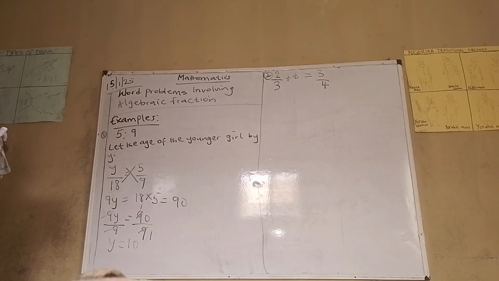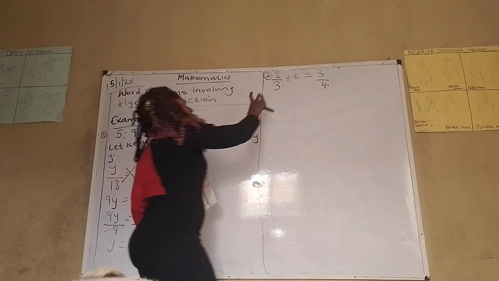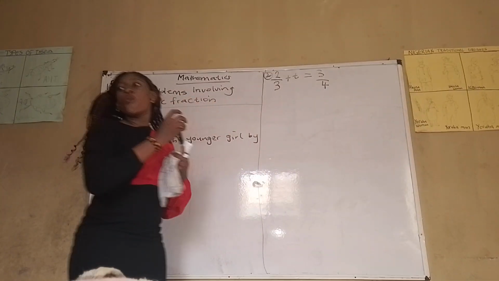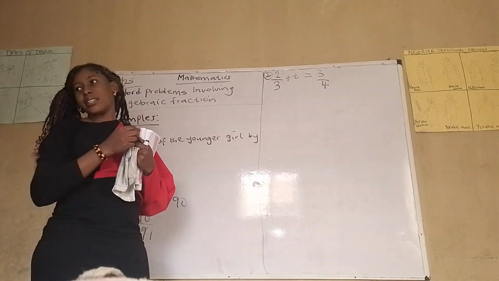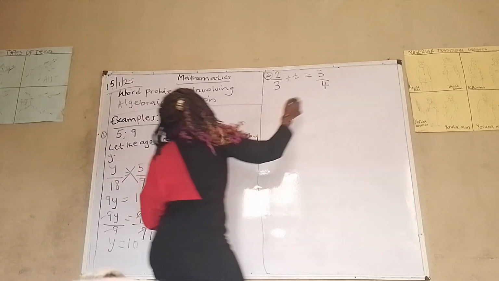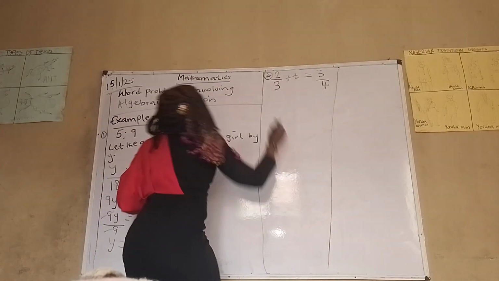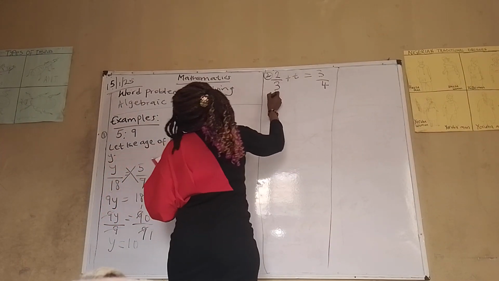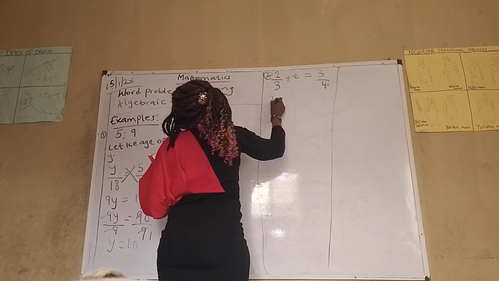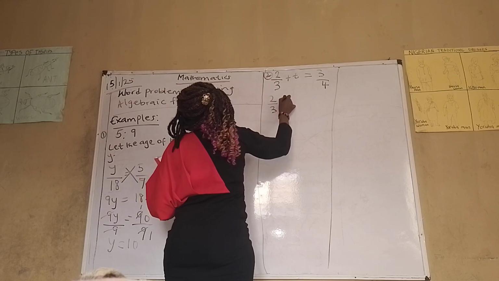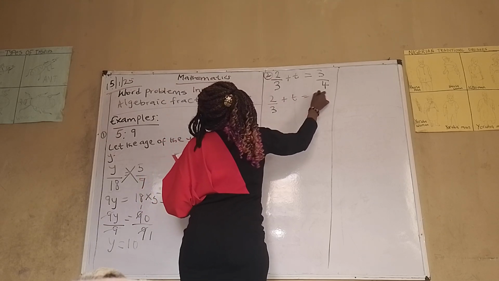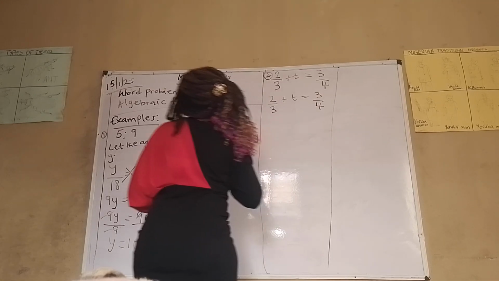First of all, you must get the expression right. If you don't get the expression right, there is no way your solution will be correct. You can't get a correct answer. So having known that, 2/3 plus t equals to 3/4.